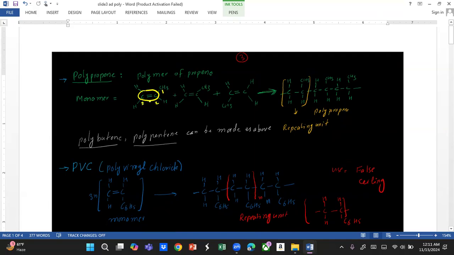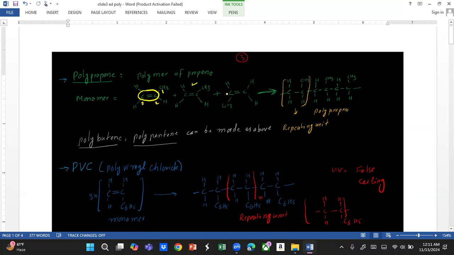Between the first and second carbon there must be a double bond, and the CH3, which the third carbon is carrying, should be taken just as a replacement of the hydrogen which was in ethene. Similarly, this is another propene molecule because it has three carbons.